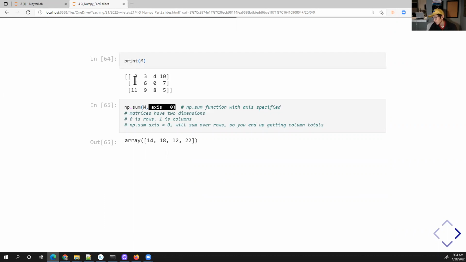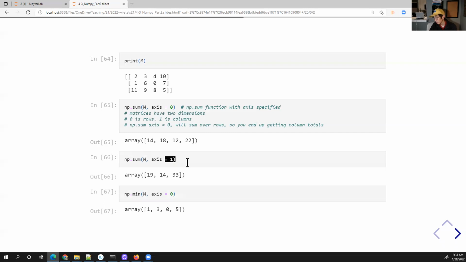So here you're saying I want to add across the rows. So 2, 1, and 11 get added, 3, 6, and 9 get added, across axis 0. You can also do numpy.sum with axis equals 1, and it will sum across the columns, and you'll get 3 values. The sum of the first row, 2, 3, 4, is going to be 9, and the others 19 and 33. So we're summing across axis 1.